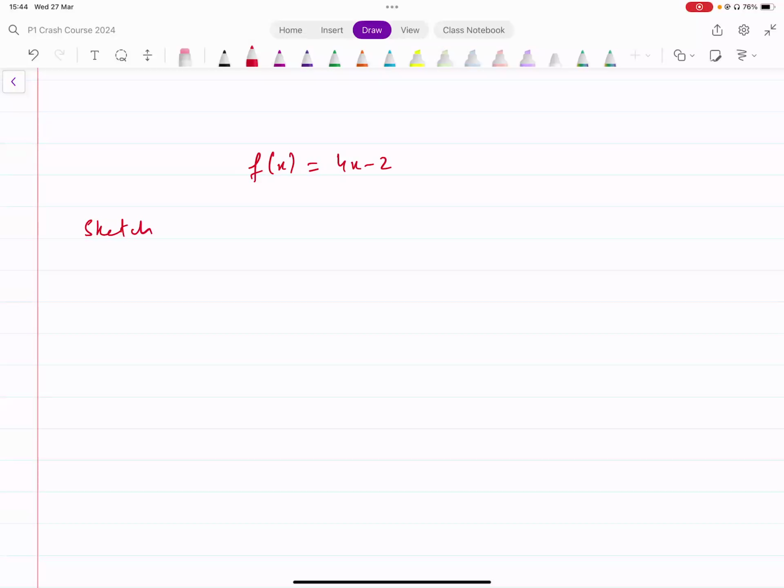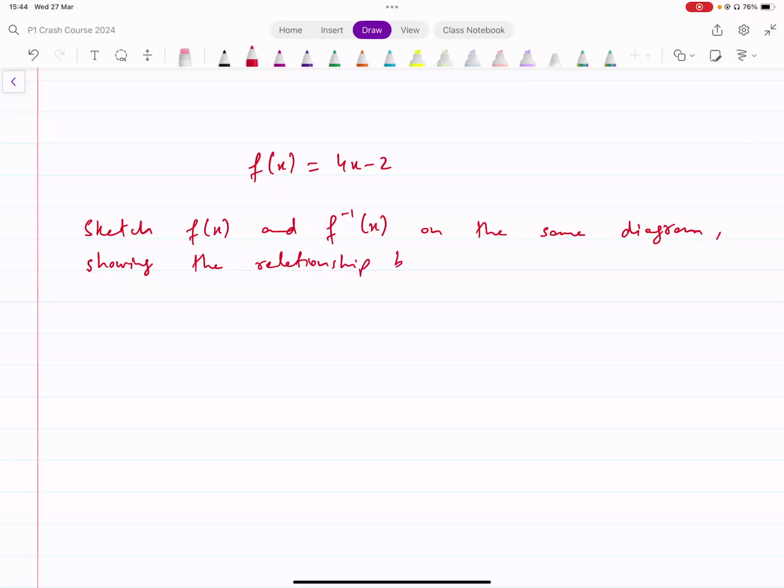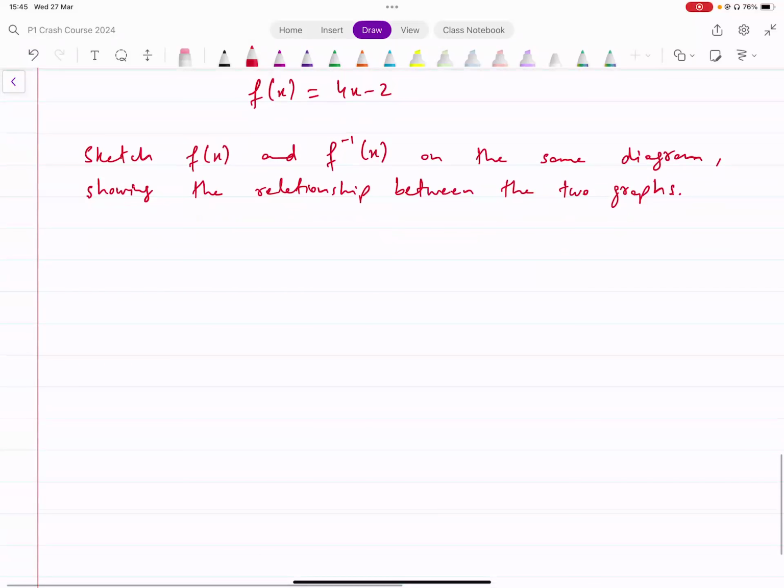You need to sketch the graph, sketch f of x and f inverse of x on the same diagram, showing the relationship between the two graphs.